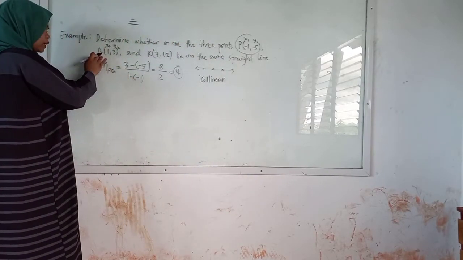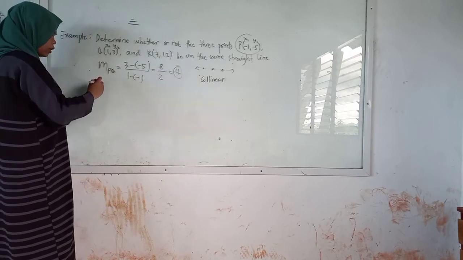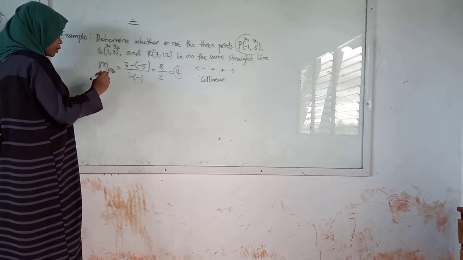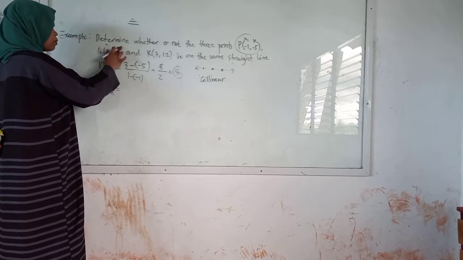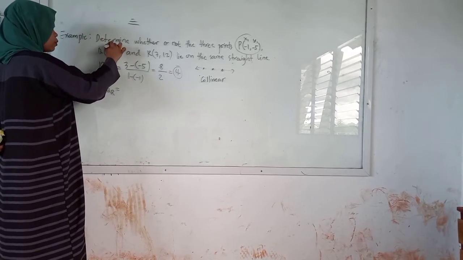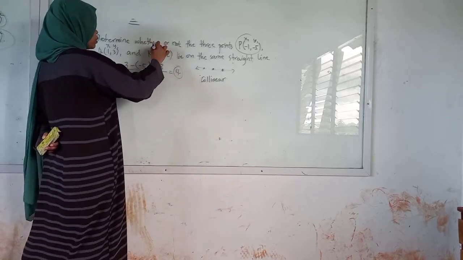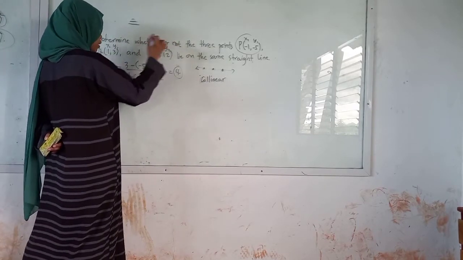Let's try to find QR, the slope of the line containing Q and R. This will be my x sub 1, y sub 1, and this will be x sub 2 and y sub 2.